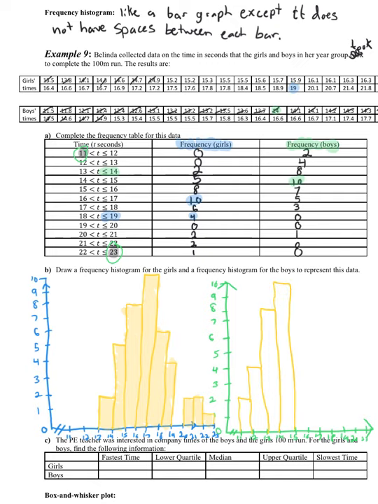Up to 10, down to 7. 0, 0, 1, and then we're done.